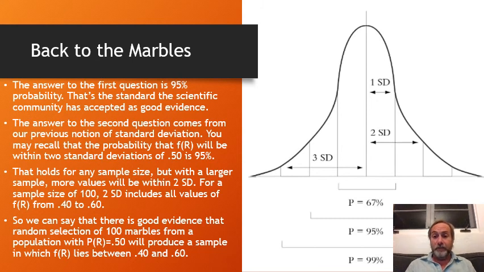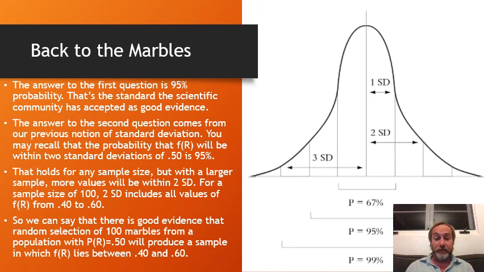Well, there's a 95% probability that our relative frequency is going to be within two standard deviations. Now, that's the case for any sample size. Standard deviation is independent of sample size, but with a larger sample, you're going to have more of the values within two standard deviations.